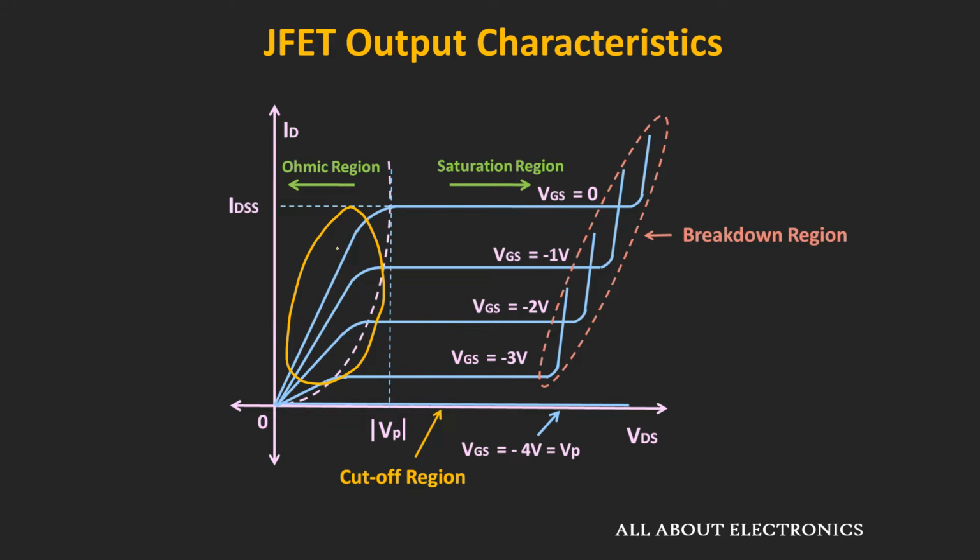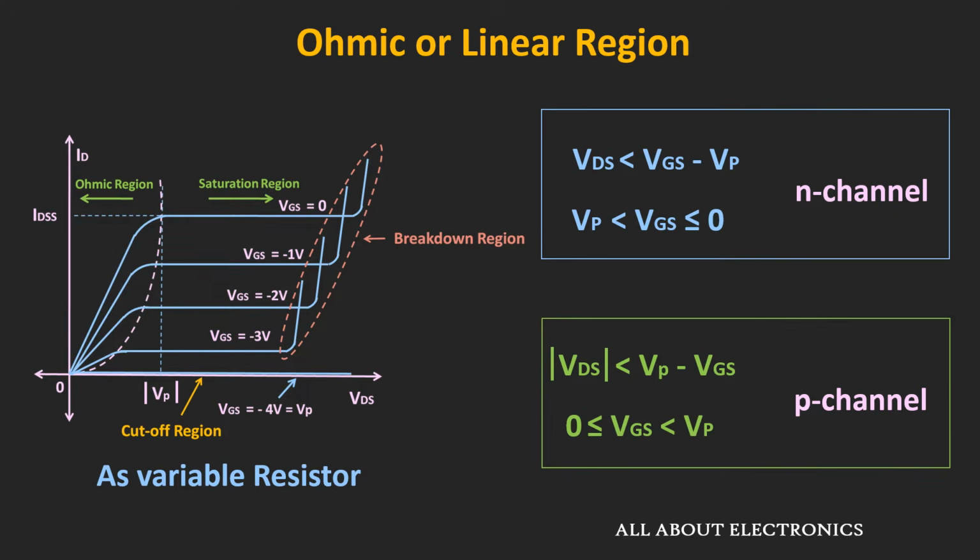And in this region, the JFET works as a variable resistor. To operate the N-channel JFET in this region, the VDS should be less than VGS minus VP, and of course the value of VGS should be between 0 and the pinch off voltage. When this condition is satisfied, the JFET will operate in this ohmic region.